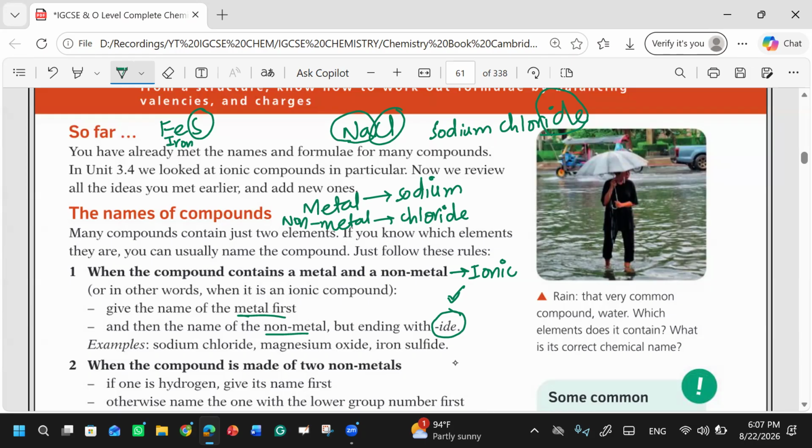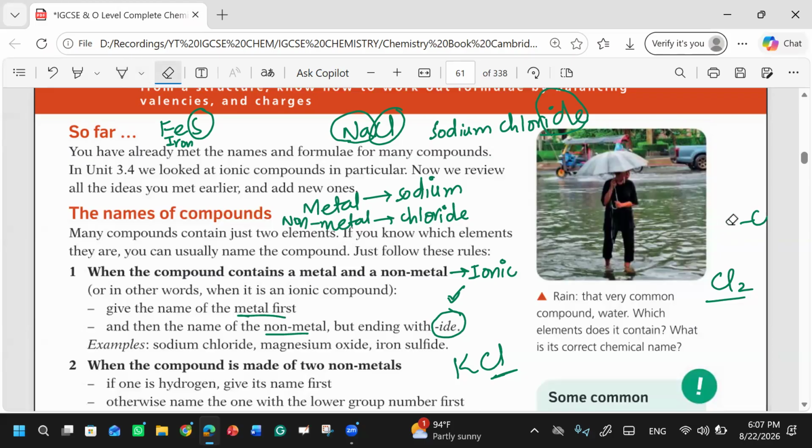Similarly, if I have this one, what will be the name? The first one, K, is potassium, and it remains the same. Then chloride. Otherwise, if you have just chlorine, it will be chlorine gas. If you have two atoms of chlorine, you say two atoms of chlorine.